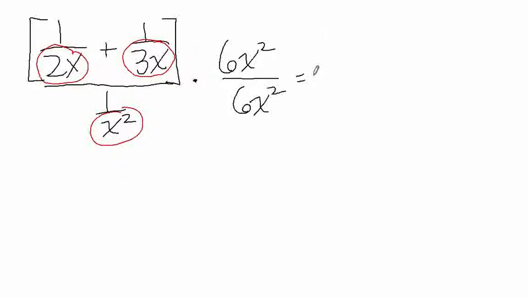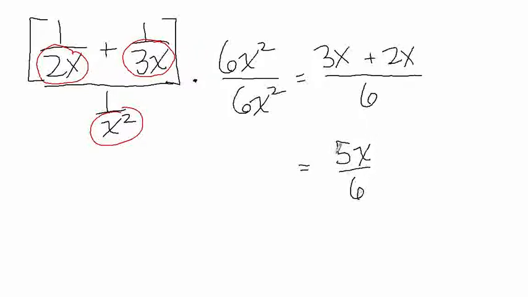Okay, and so now distributing, I'm going to get 6x squared times 1 over 2x, that gives 3x. And then 6x squared times 1 over 3x gives 2x. On bottom, 6x squared times 1 over x squared, we get 6. And so we've already made it a lot better, but we can combine like terms on top now and get 5x over 6.